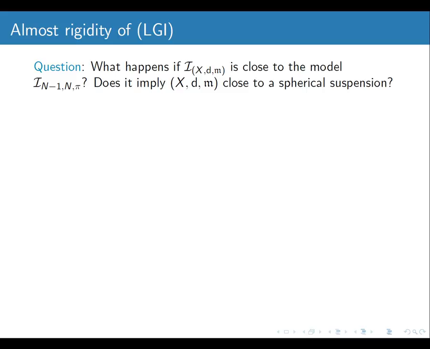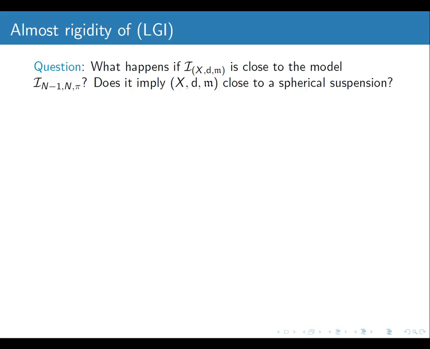So now we know that if you have an RCD space that, for a given volume, has the same isoperimetric profile function as the sphere with coordinates k and n, then the space is a spherical suspension. Then the natural question is, what happens if we do not assume an identity, but we just assume the isoperimetric profile functions to be close?